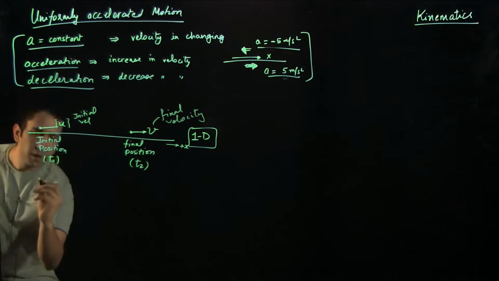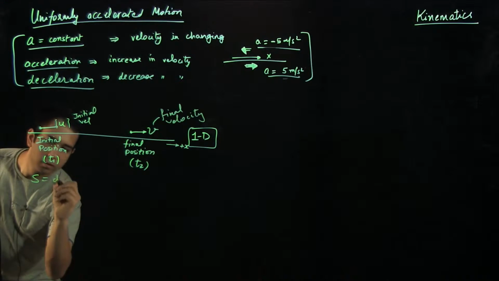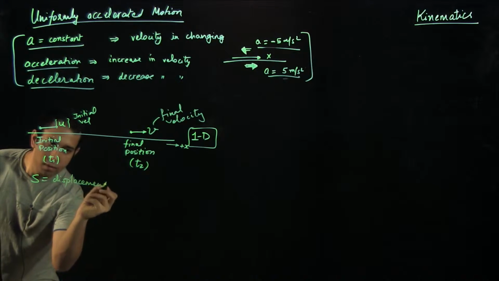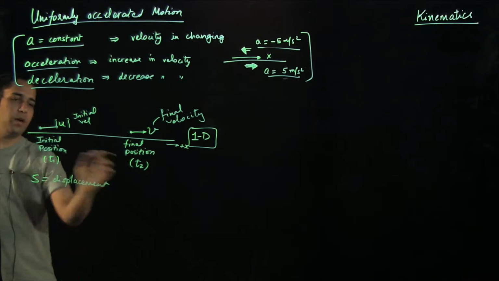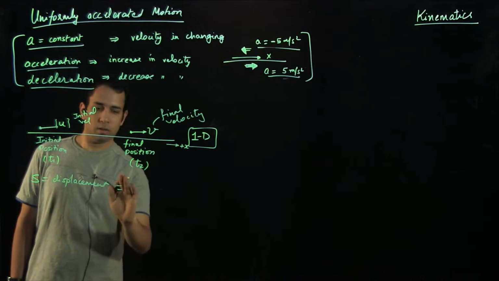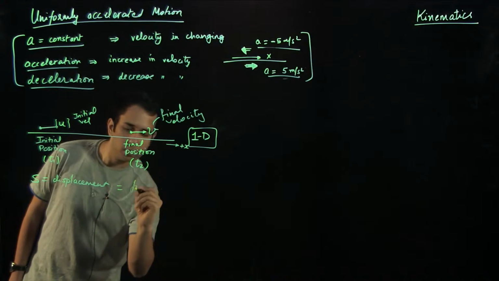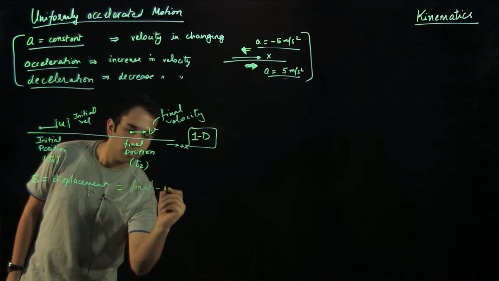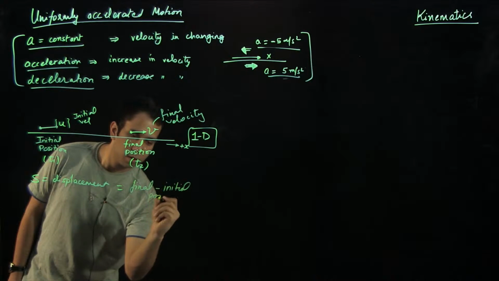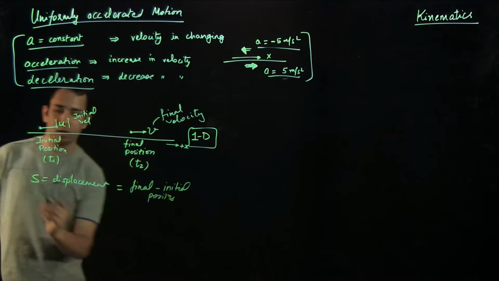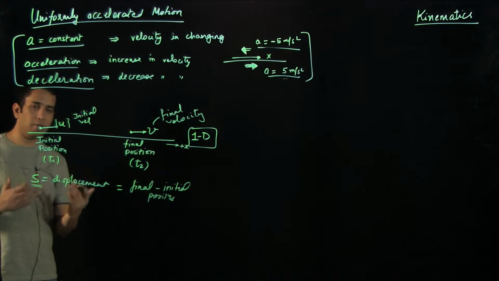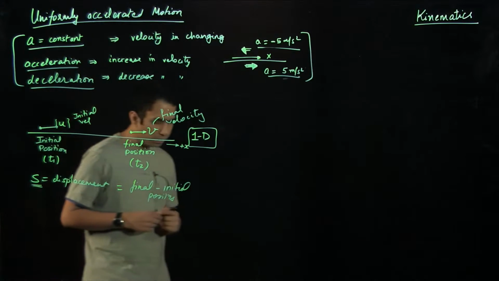Now I can define the displacement. So displacement for this time interval of t2 minus t1 is final position minus initial position, and I'm writing a variable s for this.